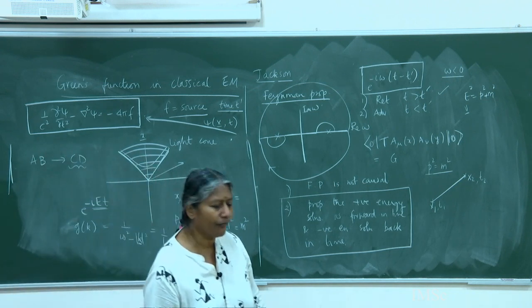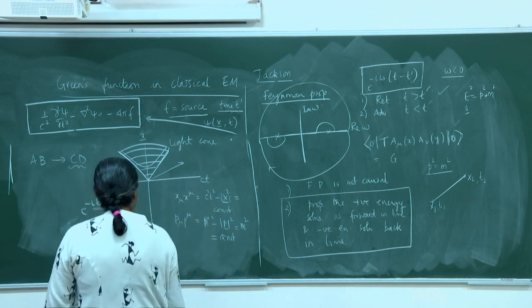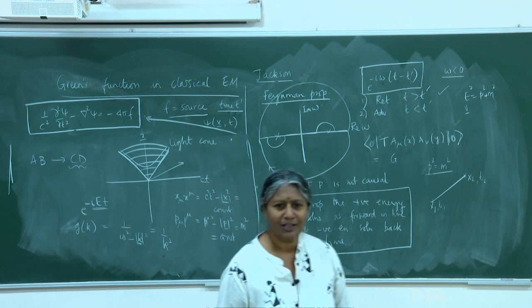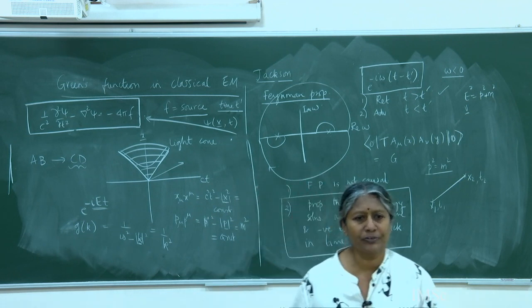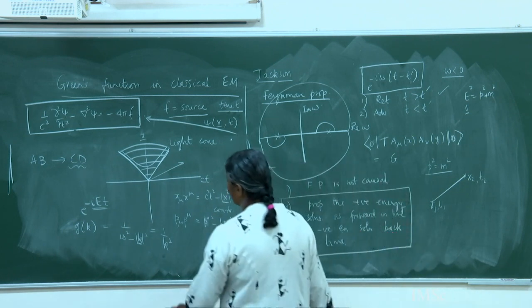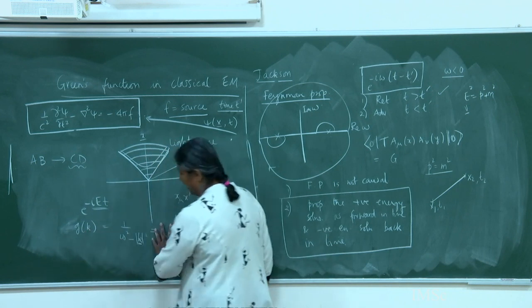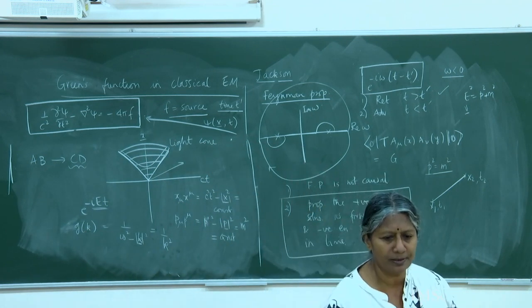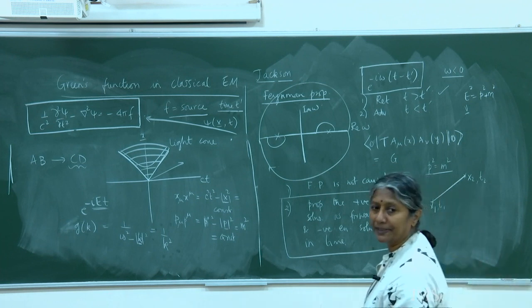What have I got for the Feynman propagator? I have also got minus 1 by k squared. So they look the same, but the physical interpretation of them is different. So this 1 by k squared in k space being the propagator is the same for classical electrodynamics as well as quantum electrodynamics.